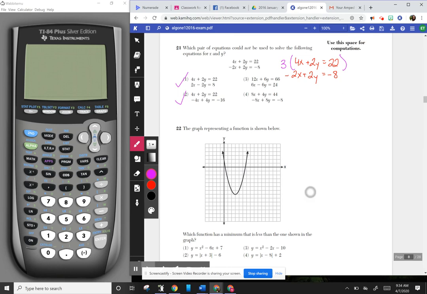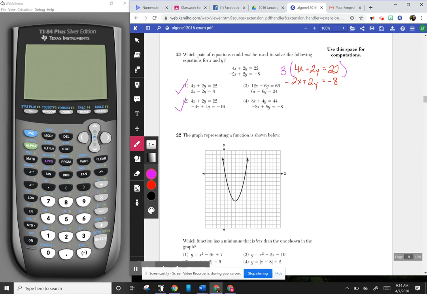And now you actually want to multiply out to make sure that this is correct. So 3 times 4 is 12x. 3 times 2 is 6y. And 3 times 22 is 66. So that one looks good so far. Let's do the second one. We have -2, but they want positive 6.